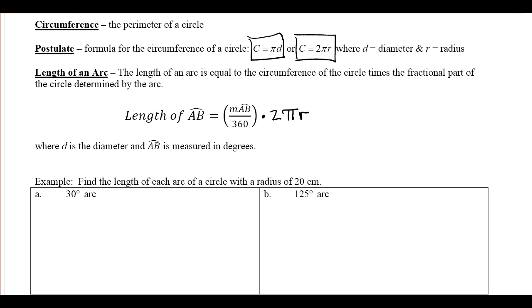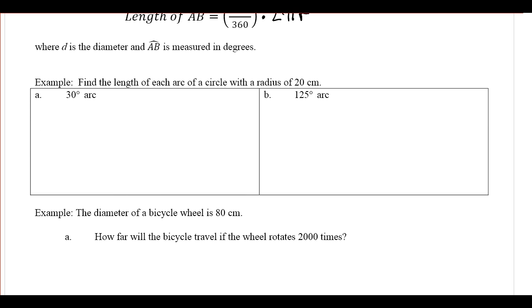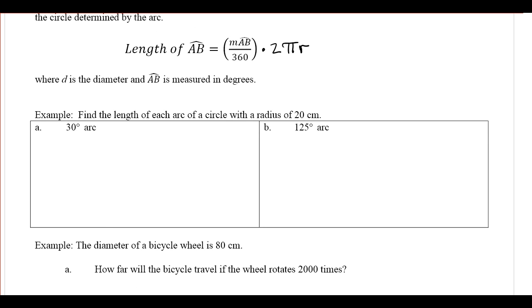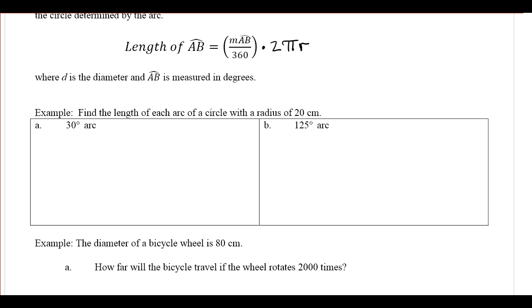Okay, so let's take a look at a couple examples here. If you want to pause the video and see if you can work these out on your own, feel free. So we have a 30-degree arc and we want to find the length of it if the radius of the circle is 20 centimeters. So it's going to be 30 divided by 360 times the circumference, so that's times 2 times pi times the radius, which is 20.